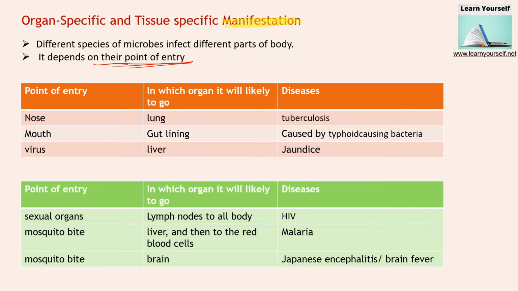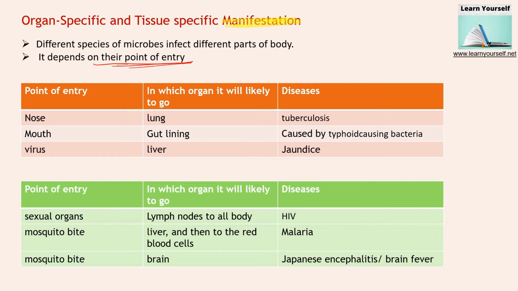It is very likely that from where they enter our body, they will make that organ their home and affect that organ the most. So here are some examples: the point of entry, which organ it will likely go to, and which kind of disease it will cause.